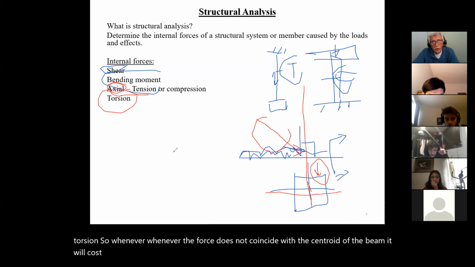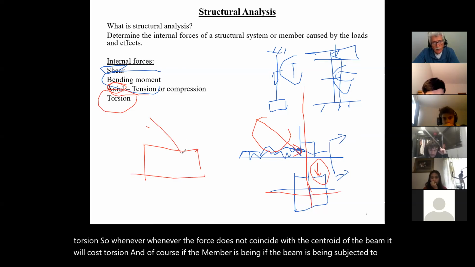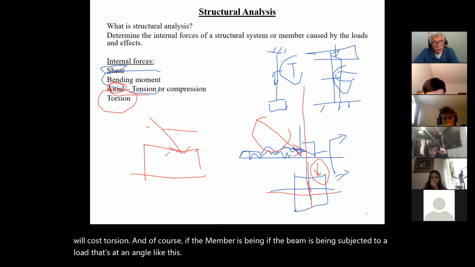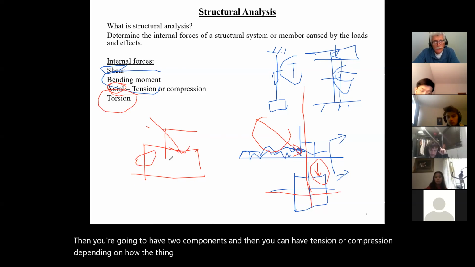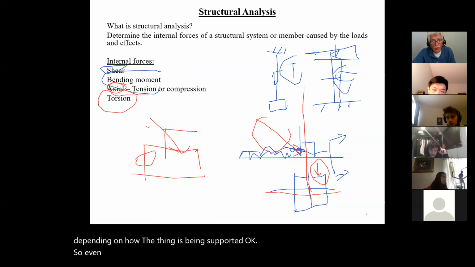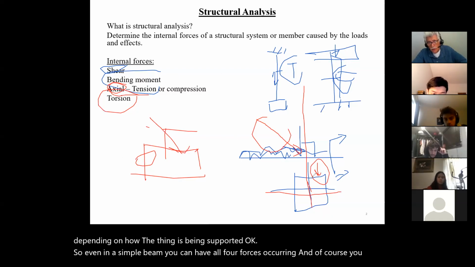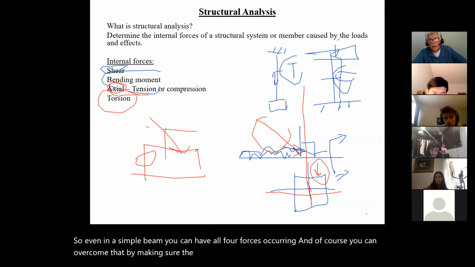And if the beam is subjected to a load at an angle, then you have 2 components, and you can have tension or compression depending on how it is supported. So even in a simple beam, you can have all 4 forces occurring, and you can overcome that by making sure the loads are applied at the centroid.